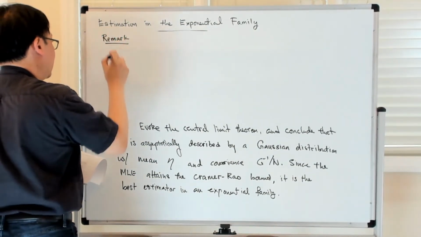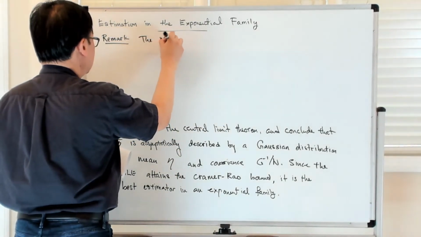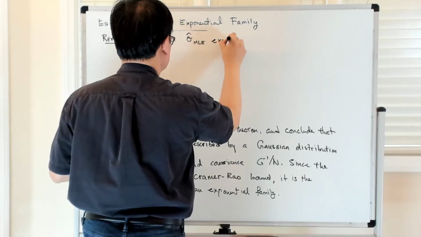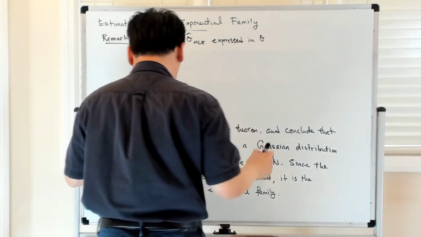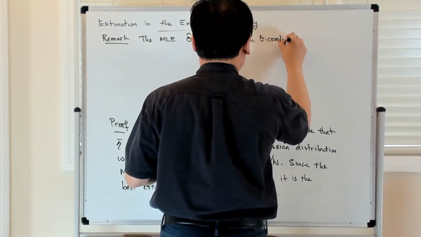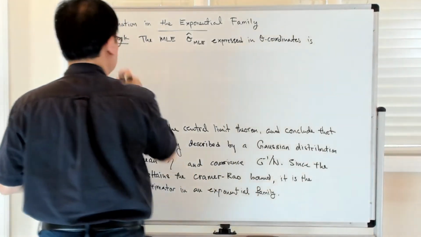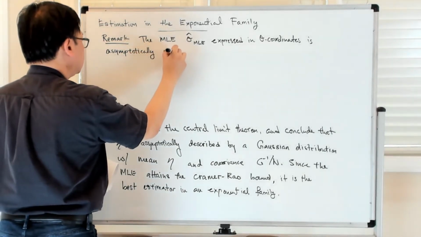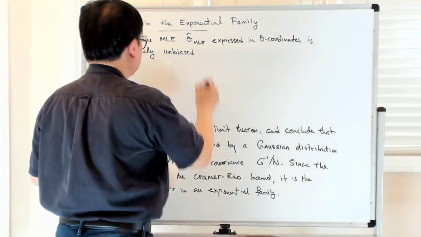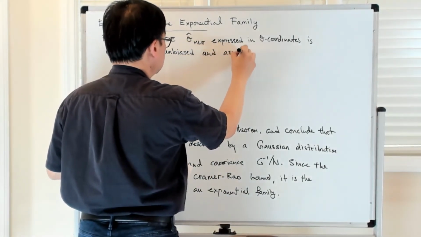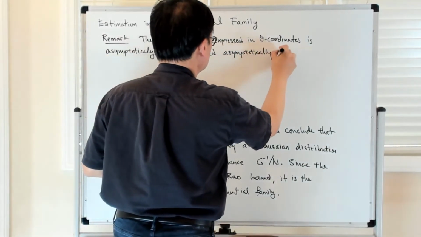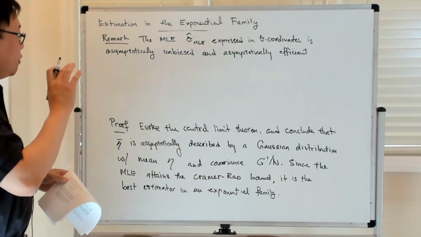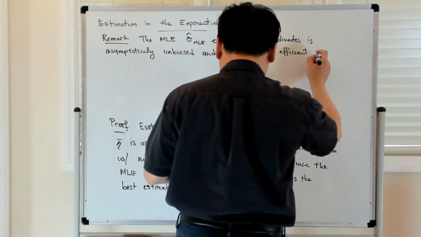The maximum likelihood estimator in the theta coordinate system is asymptotically unbiased and asymptotically efficient, in contrast to the eta coordinate system where it was unbiased and efficient. So this is a weaker condition.